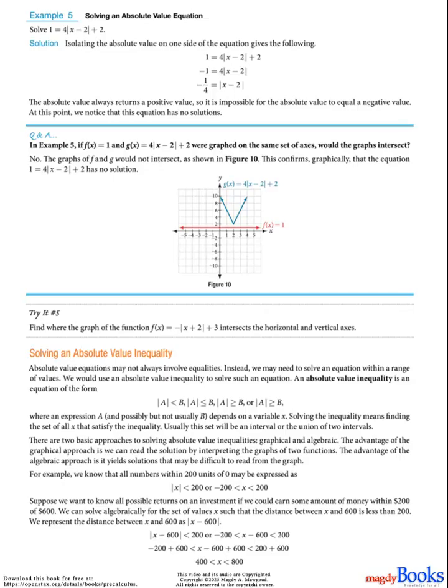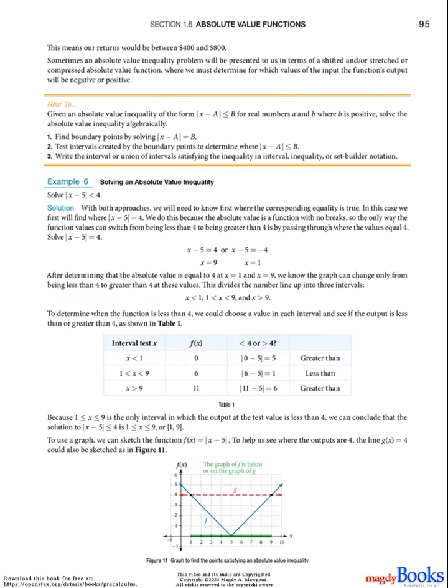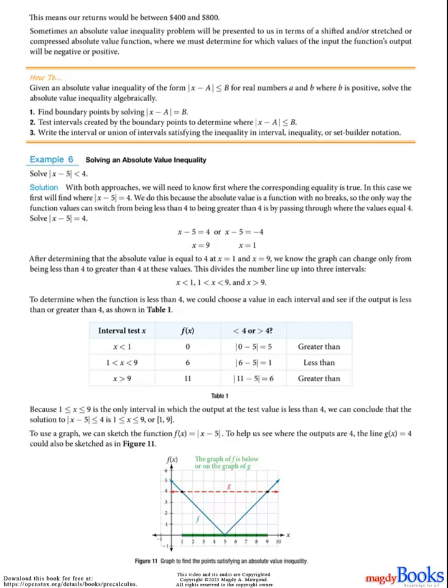The absolute value of x minus 600 is less than 200, or negative 200 is less than x minus 600 is less than 200. Negative 200 plus 600 is less than x minus 600 plus 600 is less than 200 plus 600. 400 is less than x is less than 800. This means our returns would be between $400 and $800.